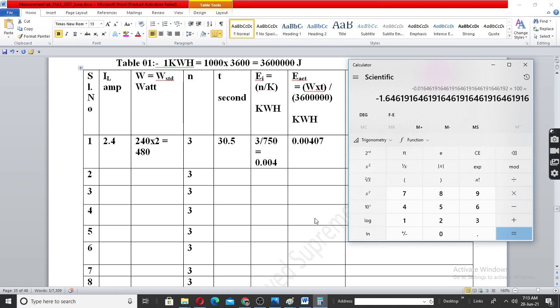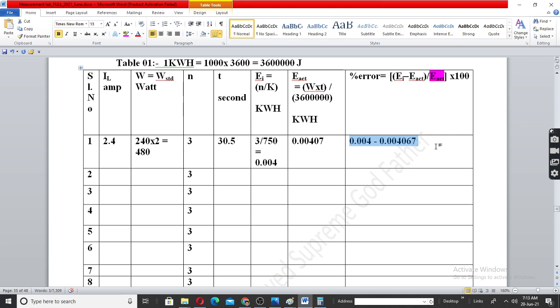So minus 1.65 percent. Percentage is already indicated, so no need to write percentage again here. Some write it, no problem.